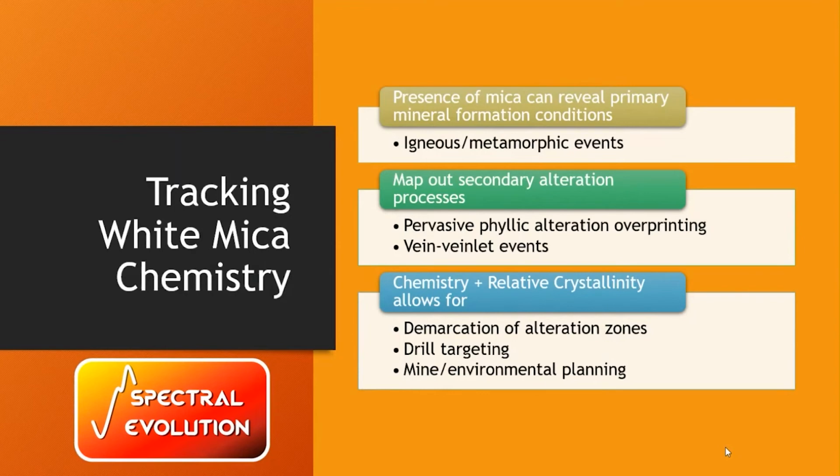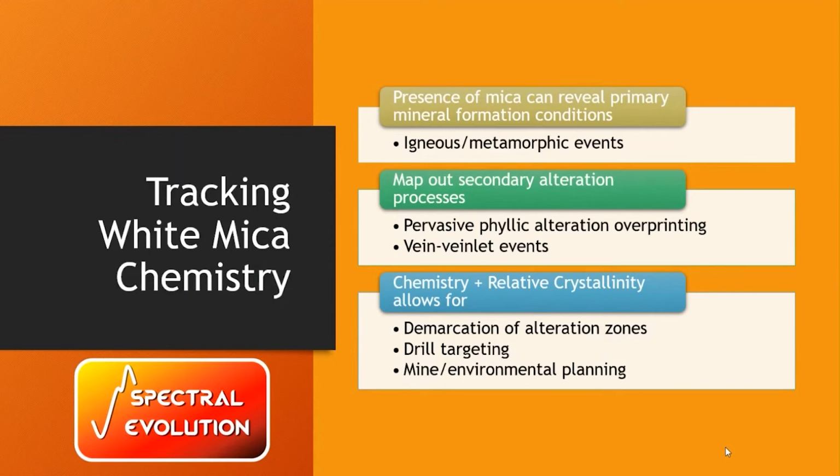The presence of white mica can reveal both primary mineral formation conditions, like igneous or metamorphic events, or can map out secondary alteration processes such as pervasive phyllic alteration, overprinting, or those vein-veinlet events.